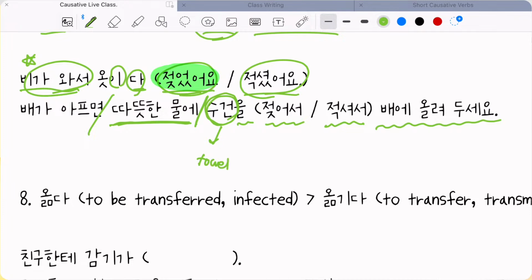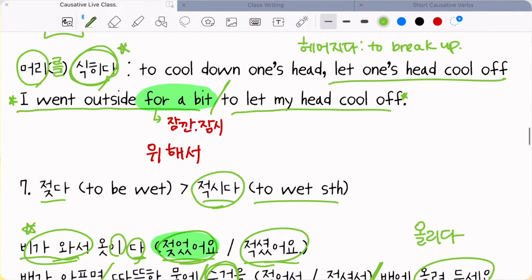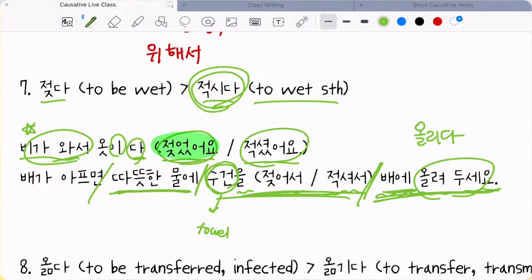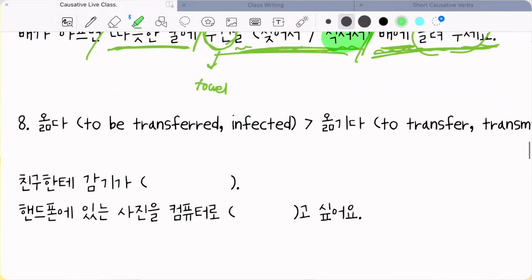You wet the towel and then 적셔서 and then 배에 올려두세요. 올리다 means to raise something and it also means to put it up somewhere. So put it up on your tummy after wetting the towel, after making the towel wet. So to make the towel wet, you can use the causative verb 적시다. So 적셔서 맞고요.